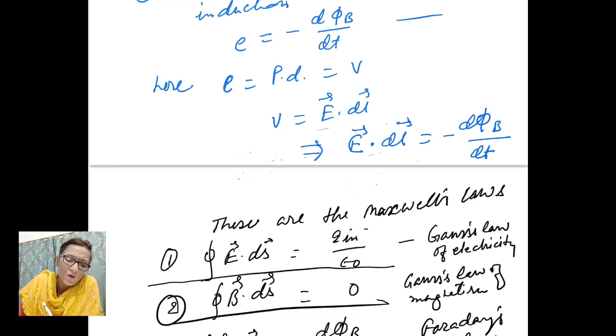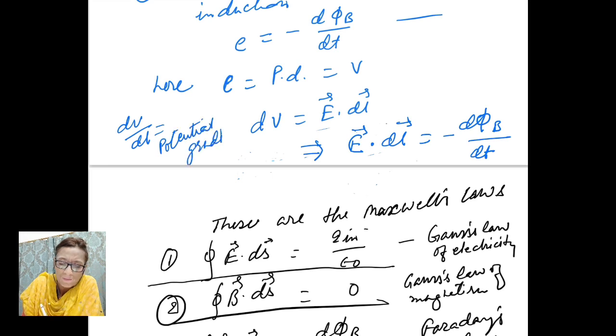So dV upon dl, you can say it is the potential gradient. And this is equal to electric field. So instead of writing V, you can write E dl.